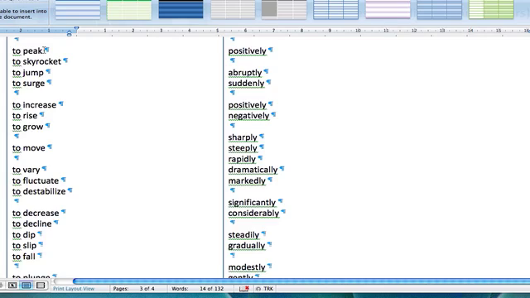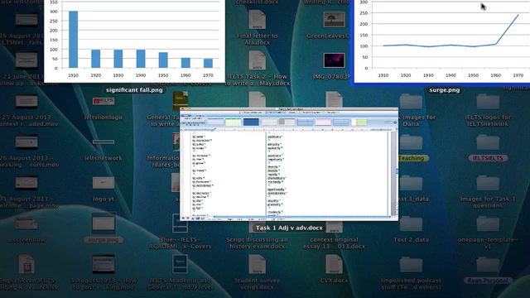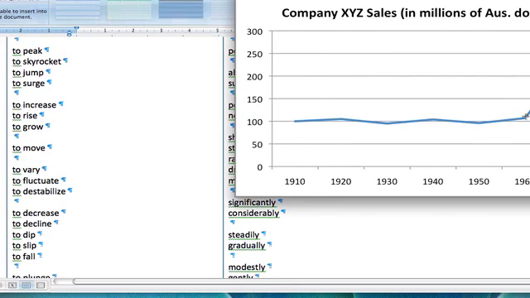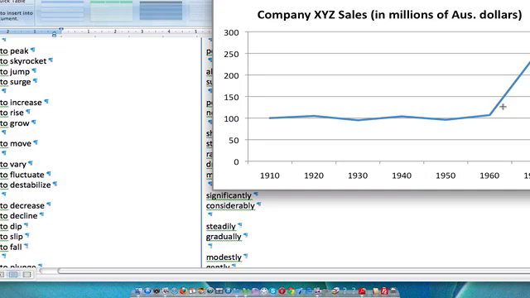So the highest point in that trend, we would say it peaks. To skyrocket, so let me pull out my graph here again. So we could say that sales skyrocketed between 1960 and 1970. Jump, sales jumped between 1960 and 1970. And to surge, to increase, to rise, to grow, to move.